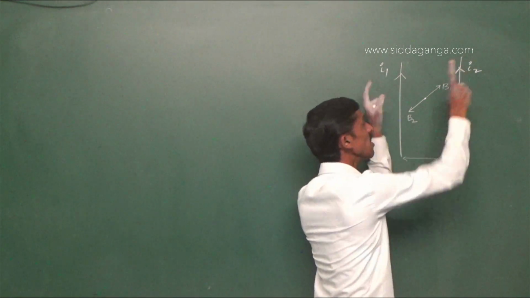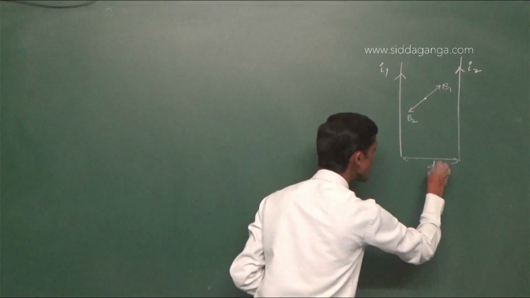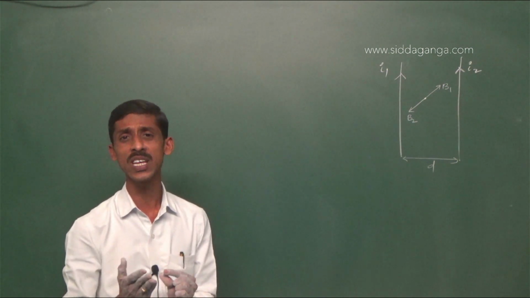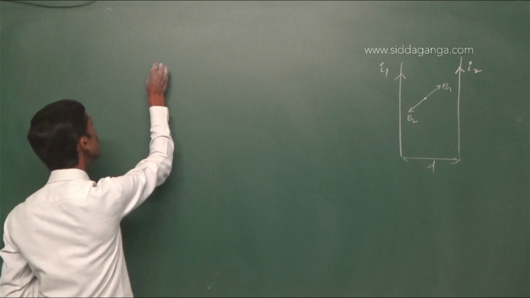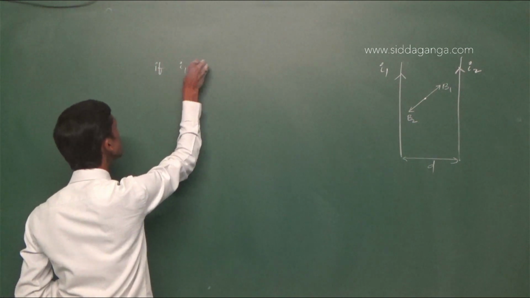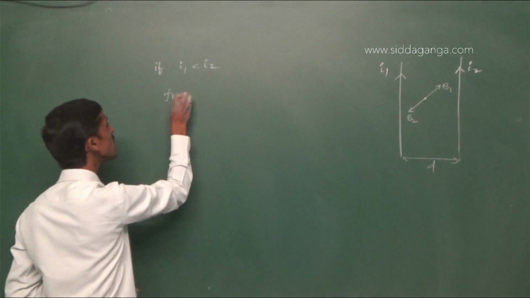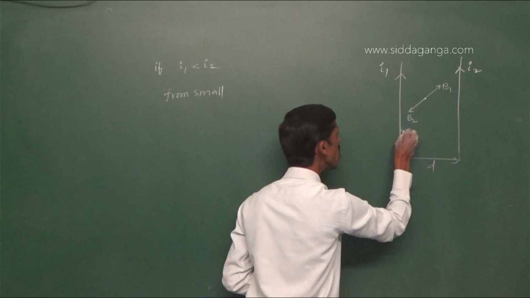Like currents attract. Suppose D is the distance between them. A neutral point is always close to the conductor carrying small current. For example, if I1 is less than I2, from small current, the shortcut formula; the general method can also be written. You don't know where it will be 0.